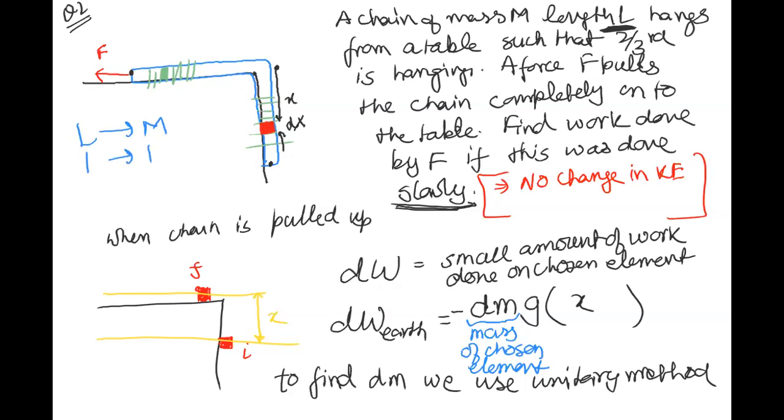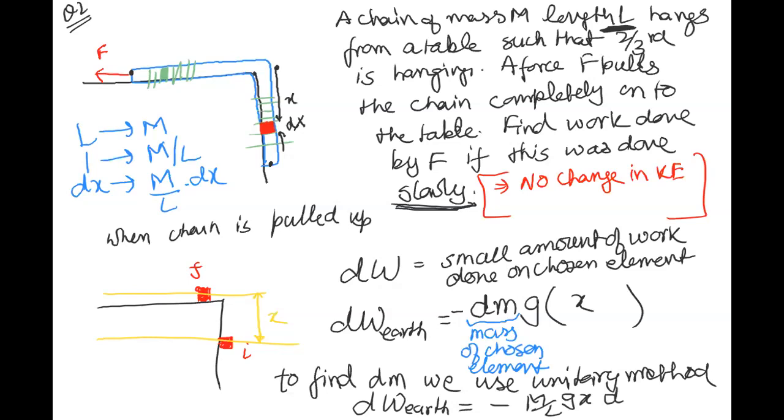Unit length में mass m by L होगा. dx length में mass m by L into dx. So dW by earth is equal to minus m by L gx dx.